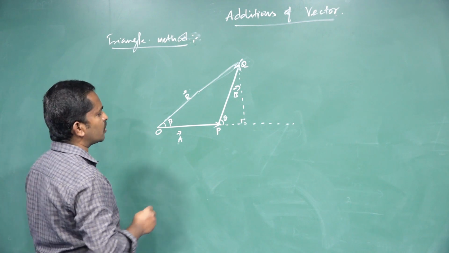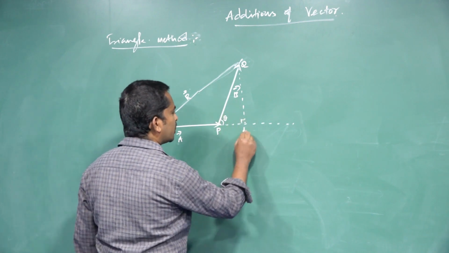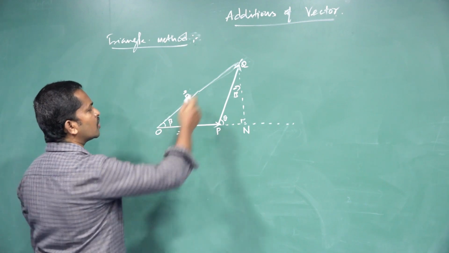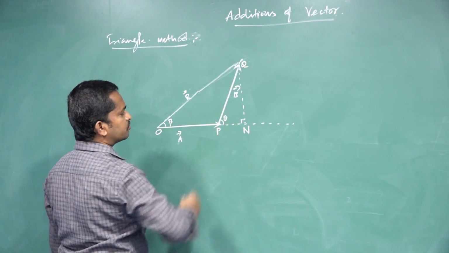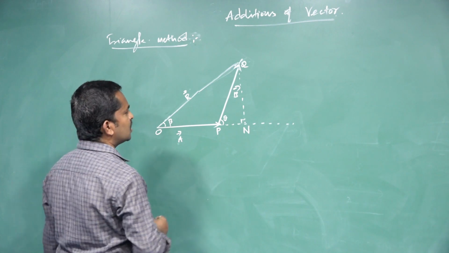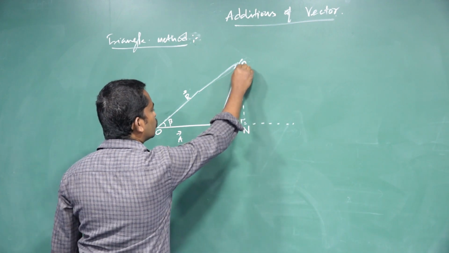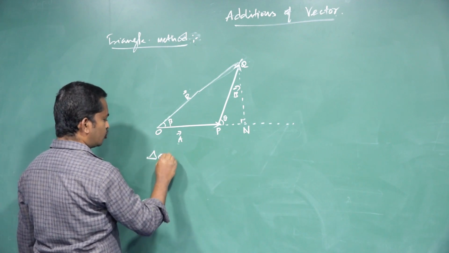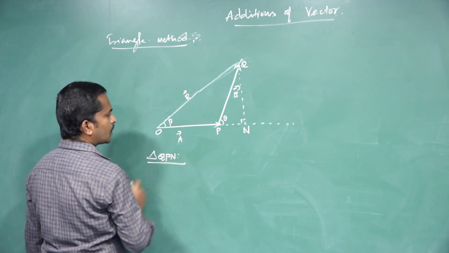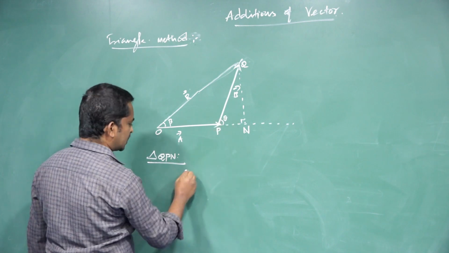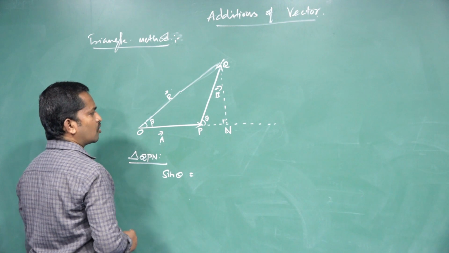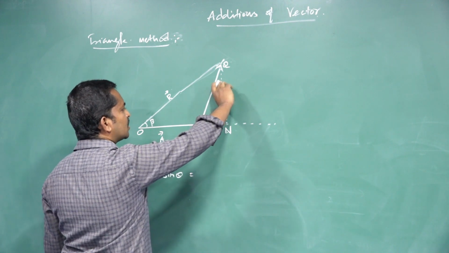Next, I want to calculate this point. This point is N. So what is the QN value and what is the PN value? I want to measure this. Take angle QPN, sin theta. Sin theta is equal to the opposite side by the hypotenuse.